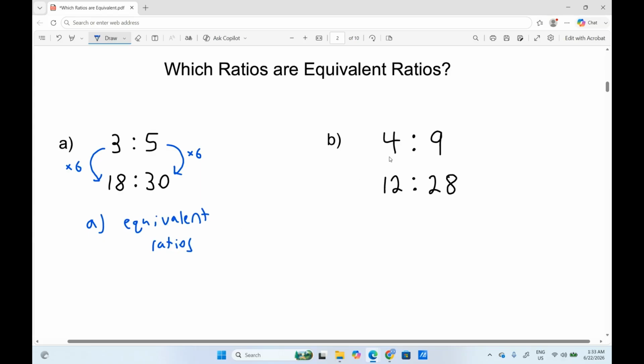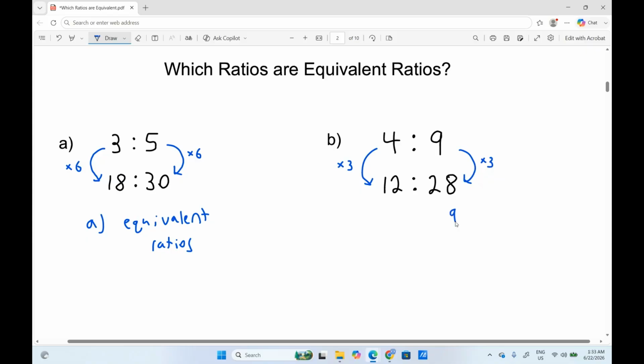Now for B, I'm going to ask myself the same question again. What can I multiply the left side by in order to get 12? And in this case, 4 times 3 is going to get me 12. However, what I do to the left side, I have to do to the right side. But if I do 9 times 3 here, well, that wouldn't really work, right?